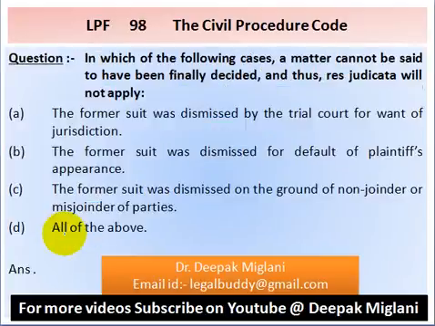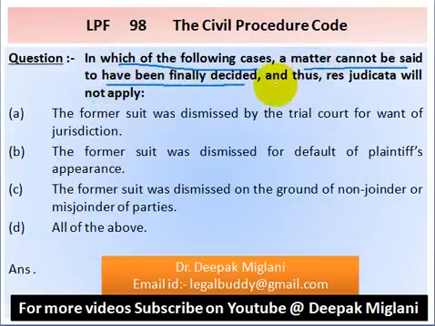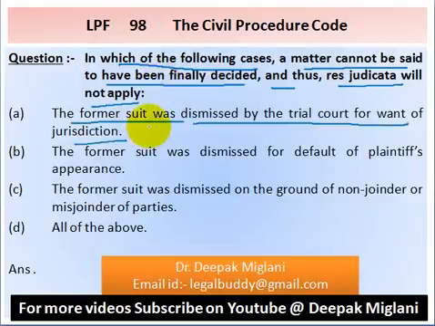Question number 98. In which of the following cases can a matter not be said to have been finally decided, so that res judicata will not apply? Option A. The former suit was dismissed by the trial court for want of jurisdiction.